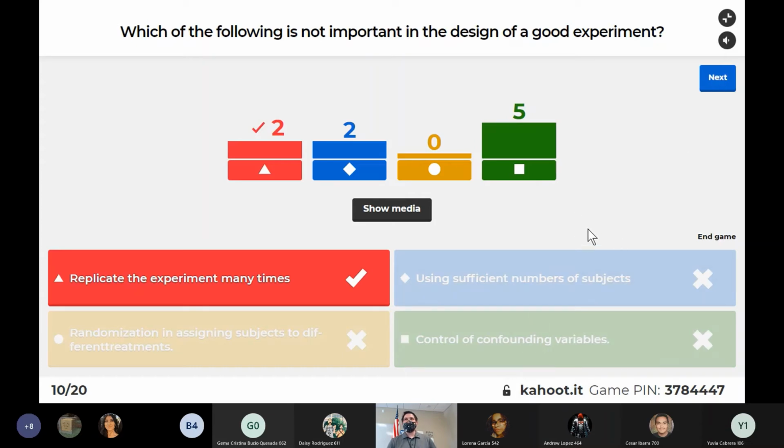And control of confounding variables is absolutely needed. We need to explain how we will control other things that might affect the outcomes that we're measuring so that we get usable data.